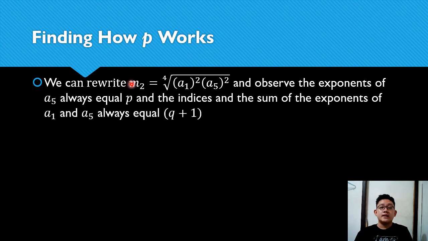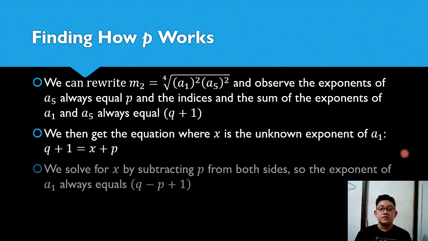We can rewrite m sub 2 is equal to fourth root of a sub 1 squared times a sub 5 squared. Observe the exponents of a sub 5 always equal p, and the indices and the sum of the exponents of a sub 1 and a sub 5 always equal q plus 1. So again, we see a very similar logic to arithmetic.